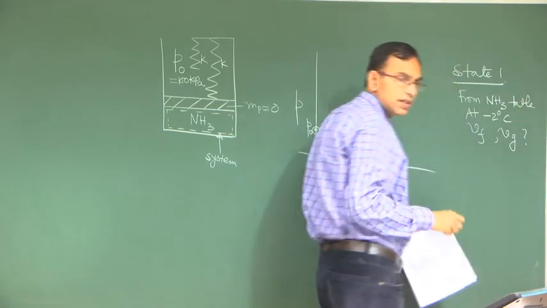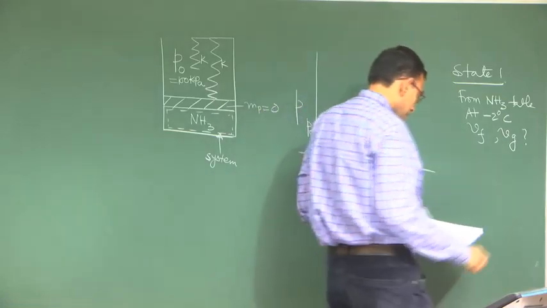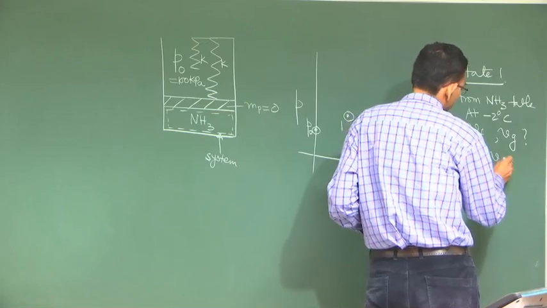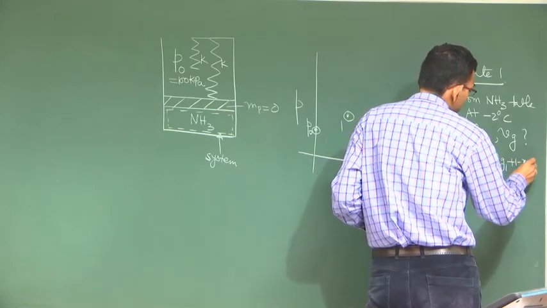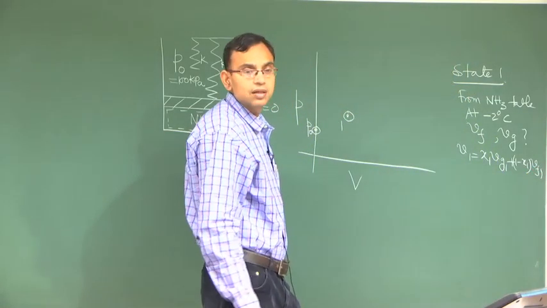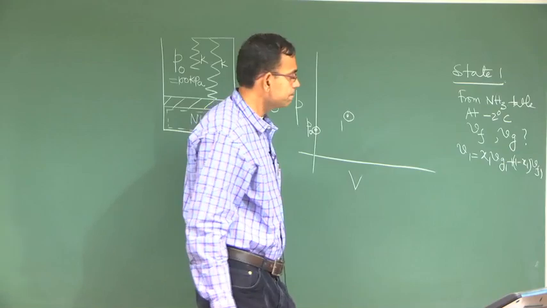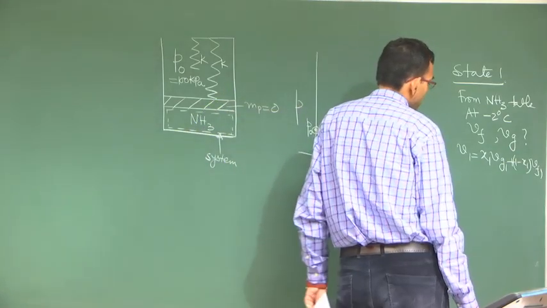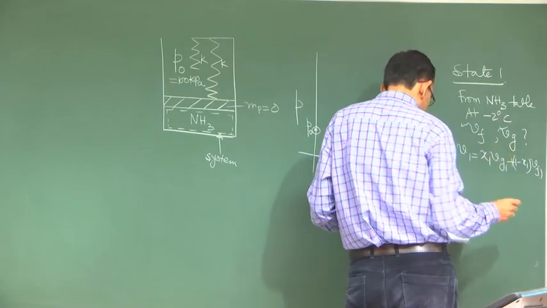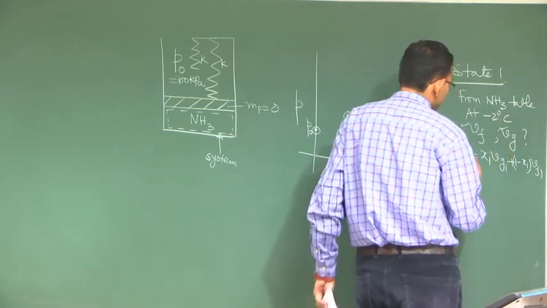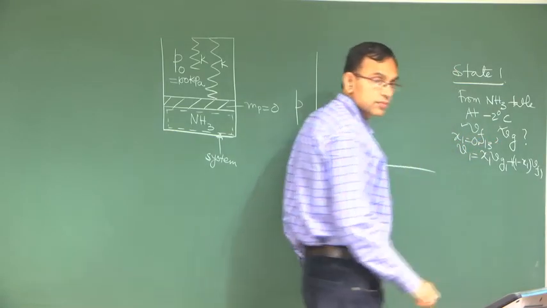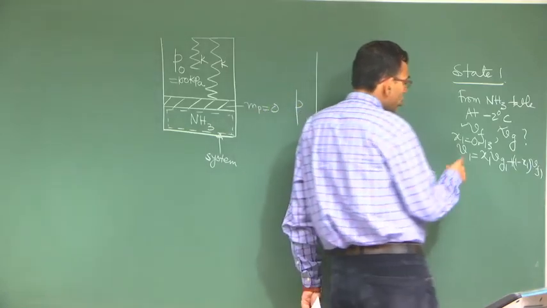This is from the saturated table. Then V1 is equal to x1 Vg1 plus (1 minus x1) Vf1. This we learned in properties of pure substances. From this Vf, Vg and x1, which is 0.13 and given, you can calculate V1.